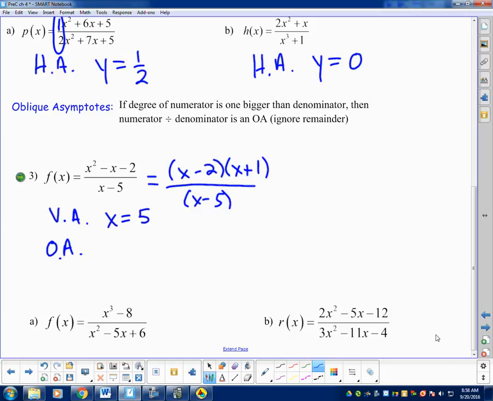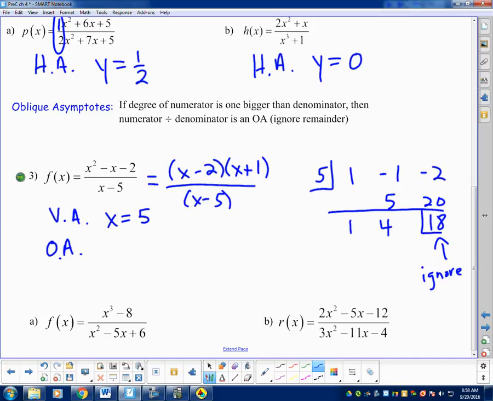Let's do it synthetically. 5 into 1, negative 1, negative 2. We're going to have a linear function. So bring down the 1. Ignore the remainder. What does this give me as an equation? x plus 4. Because I divided a first degree into a second degree, what's left here is a first degree. So my oblique asymptote is y equals x plus 4. That's it.